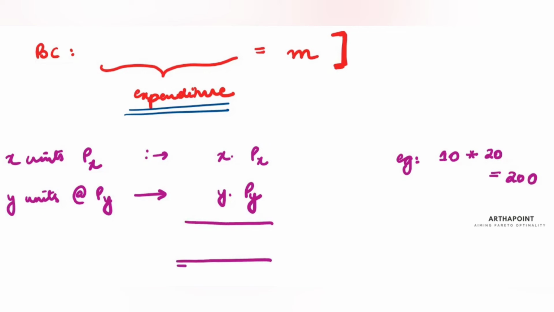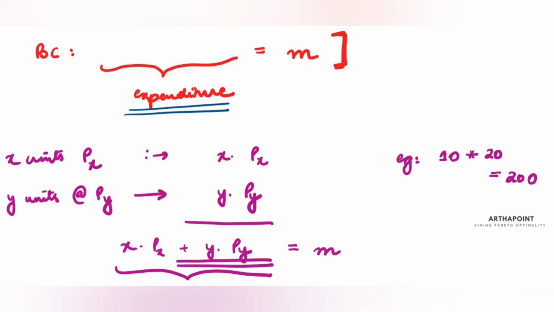Well, I am spending X Px on good X, Y Py on good Y. This is my total expense on two commodities, and this is equal to my income.